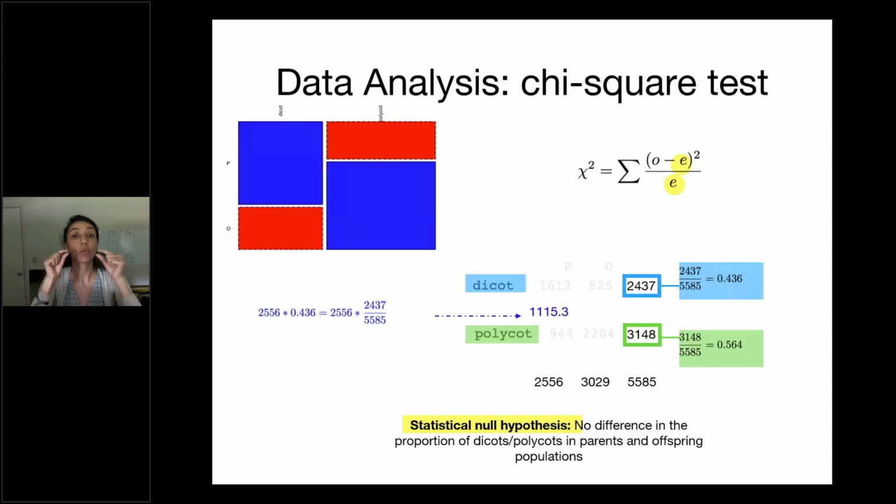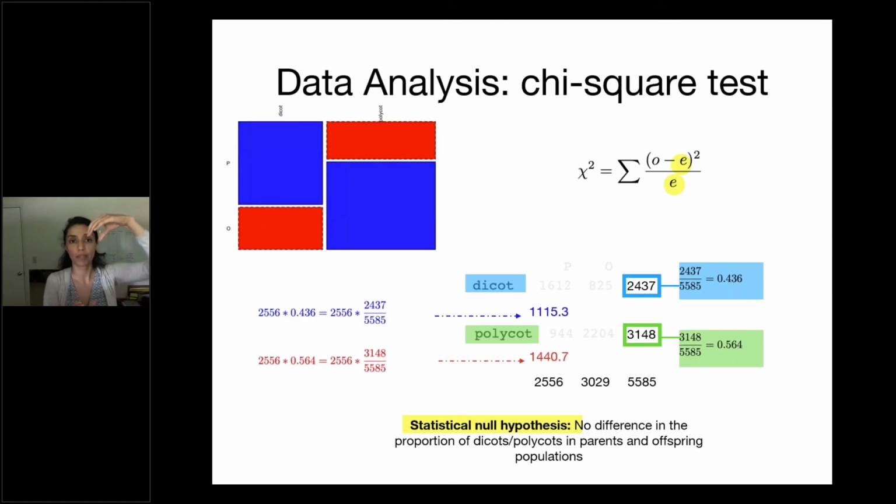This is what I would expect to see if I get that same proportion of dicots. And this is where perhaps you remember the formula where it's coming from: total of rows times total of columns divided by the grand total. It's just the proportion that you are fixing. You want that fixed proportion of dicots.